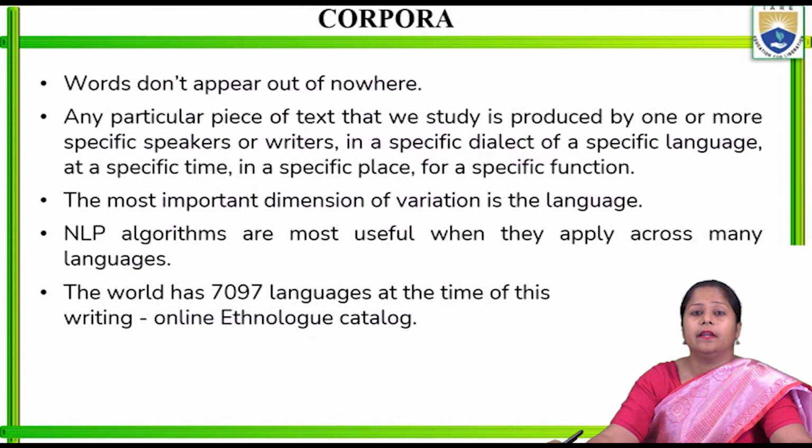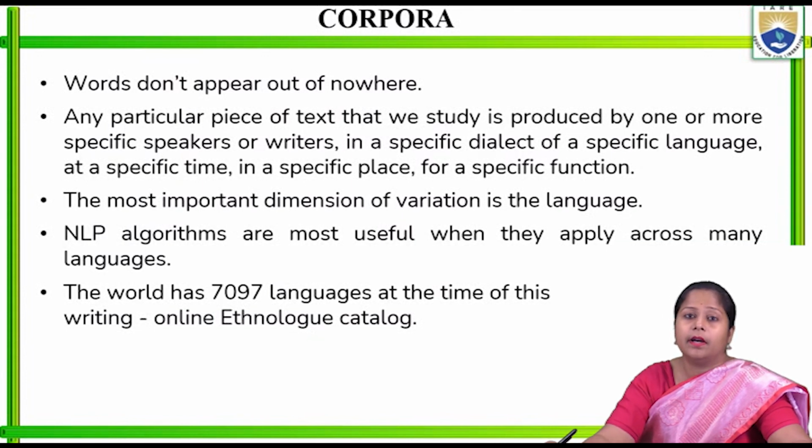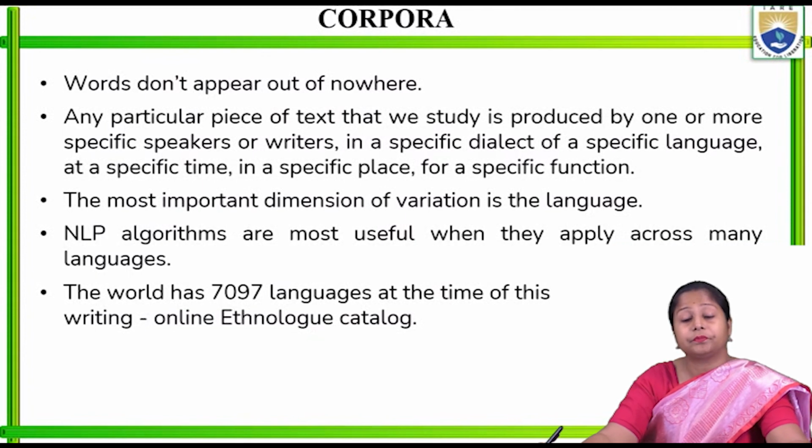Whenever I say corpora, it is going to have a number of corpuses. Corpora is a collection of documents, and one document from that collection is called a corpus. A corpus is nothing but one document. One document has different paragraphs, and the paragraphs make sentences.